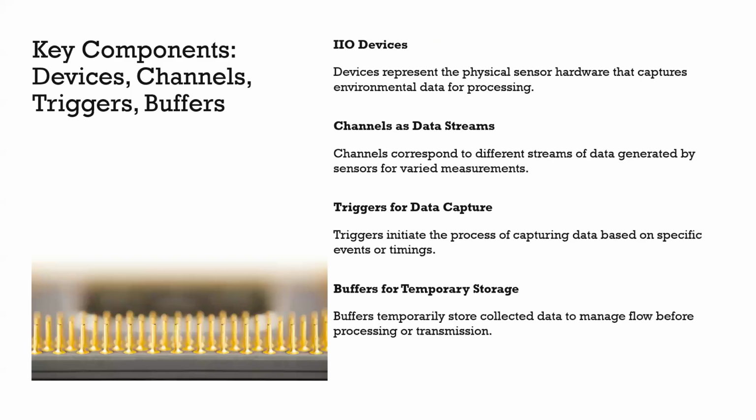The next is the channel, which is one of the attributes of the device. There are two more things we have discussed so far. That is the trigger for the data capture. These are all software components, because we are talking about the IIO subsystem, which is one of the Linux kernel subsystems, and the Linux kernel subsystem is basically embedded software. The different aspects here are the device, the channels, and the triggers.